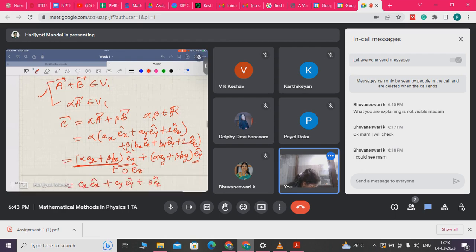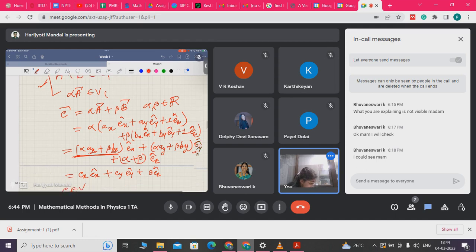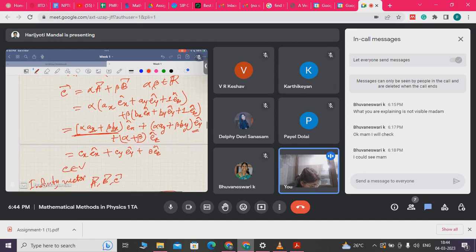So here there will be a 1. So what will happen here? Here we'll get alpha plus beta Ez. Alpha plus beta. Here we get the coefficient of Z component is not 1.